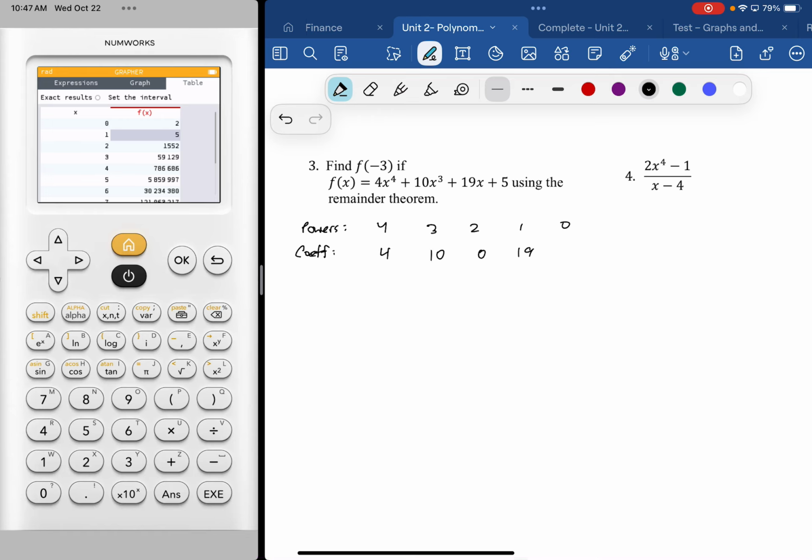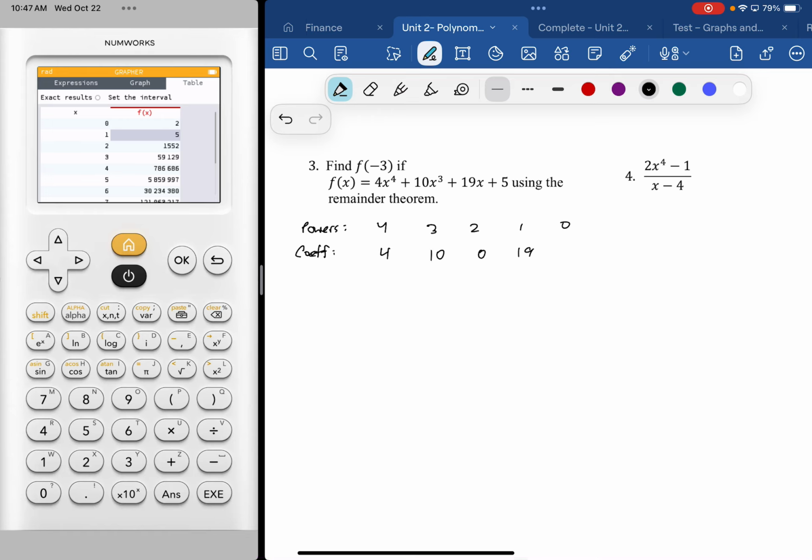So I'm running through my synthetic division process, carry down the 4, multiply by -3, I get -12. Sorry. 10 plus -12 is -2. Times -3 is 6. 6 times -3 is -18.